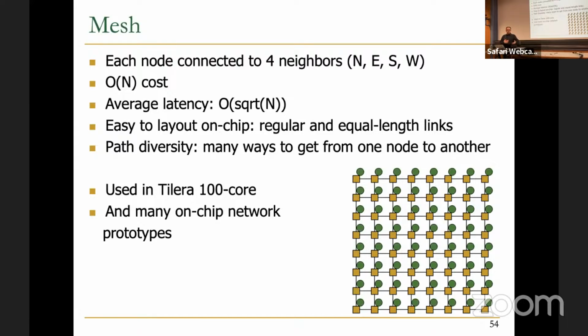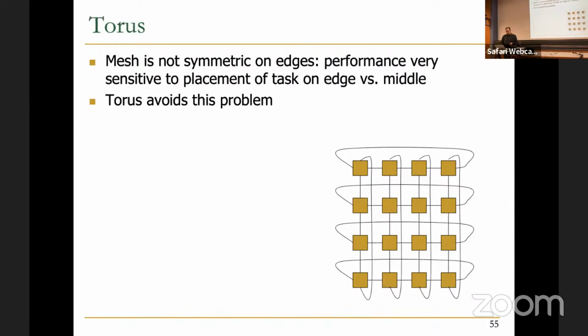And with that, you can reduce queuing time. Once your queuing is the major bottleneck, you can mitigate that bottleneck with non-minimal paths. And we have also used non-minimal paths in our Venice work, as you probably remember. So mesh has been used in some processors like the Intel Tilera and many on-chip network prototypes.